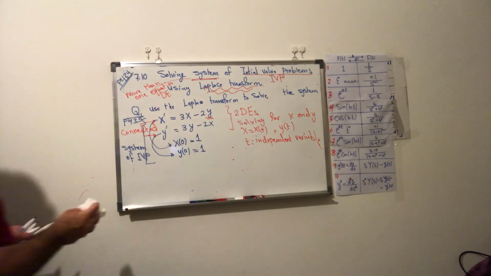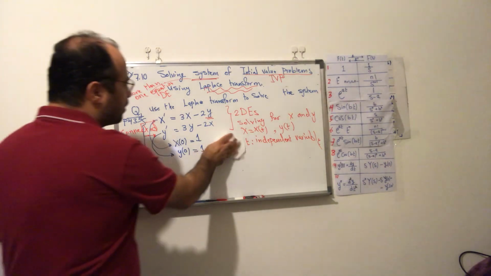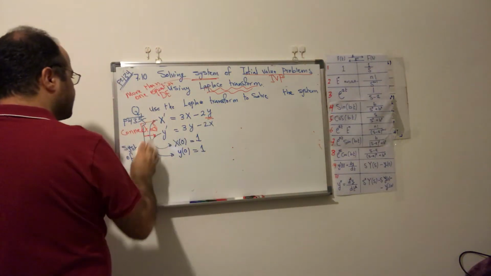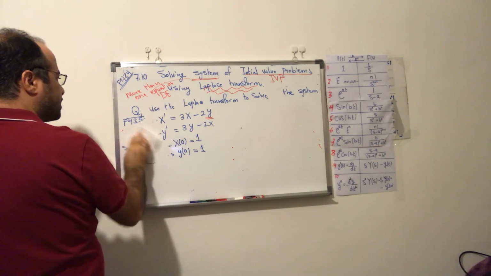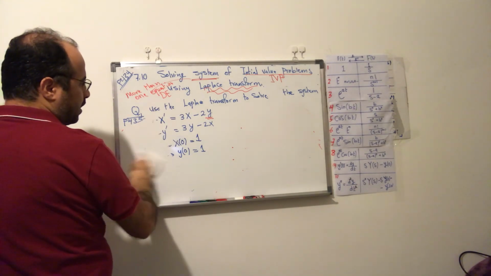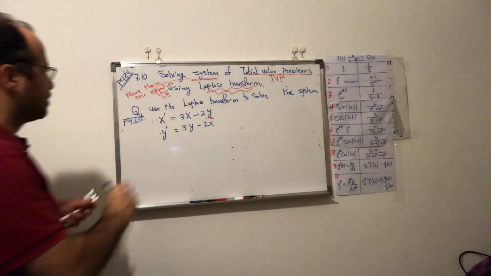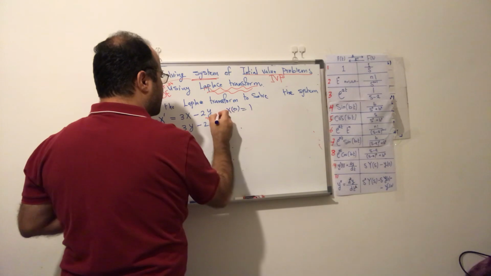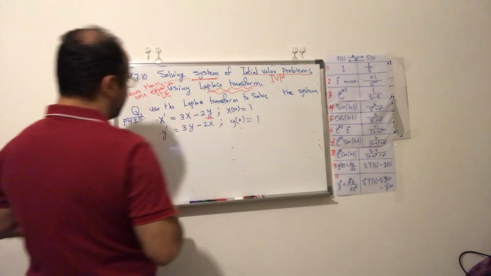Nothing new. For this reason I'm writing the question right away. I'm going to show you how to solve this system, how to find x of t and y of t. Let me go back to the system here, and then I'm going to write the initial conditions: x of 0 equal 1 for the first one, and y of 0 equal 1 for the second one.